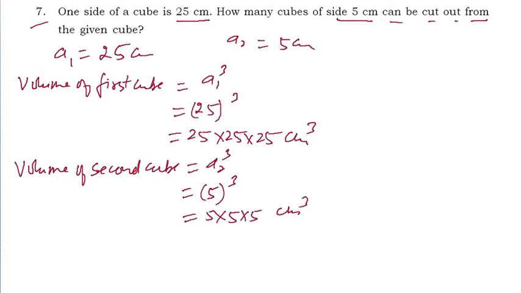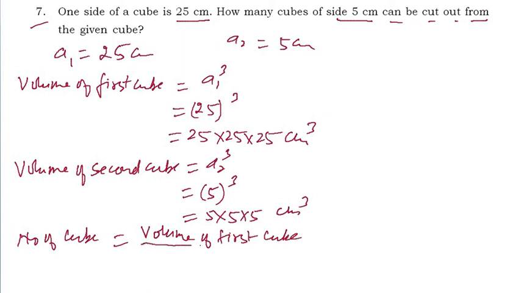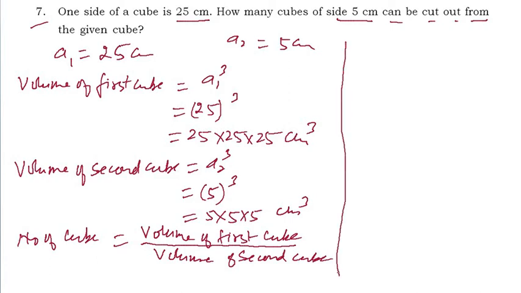So number of cubes is equal to volume of first cube upon volume of second cube. Now you can put here number, it is n, equal to V1 upon V2.